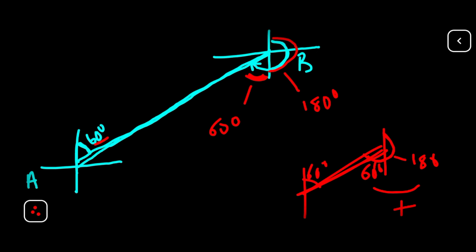So the bearing of A from B would be 180 degrees plus 60 degrees, which gives you 240 degrees.